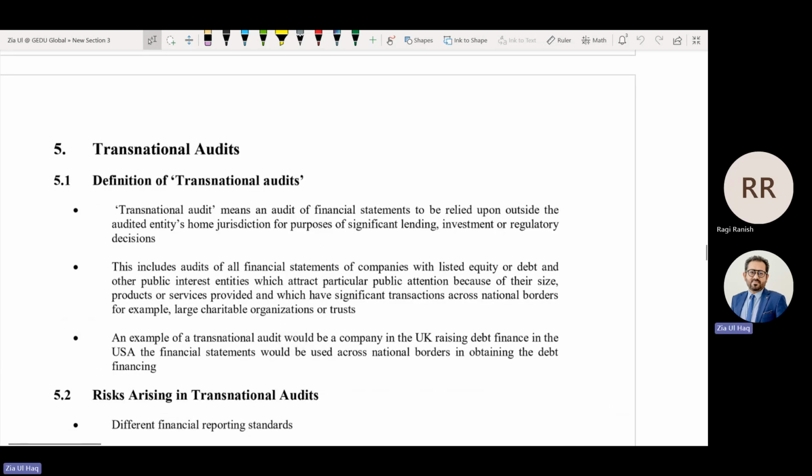There is another topic called transnational audit. We have discussed this transnational audit in Chapter 1. Transnational audit: an audit performed beyond the jurisdiction of one country is called a transnational audit.